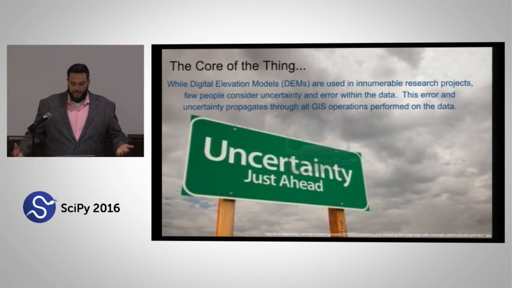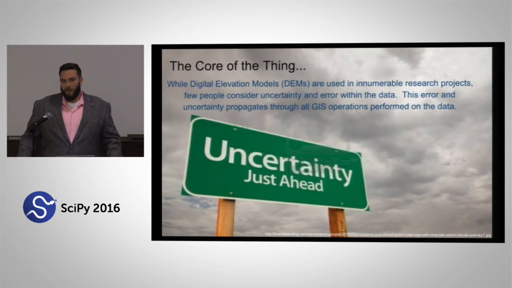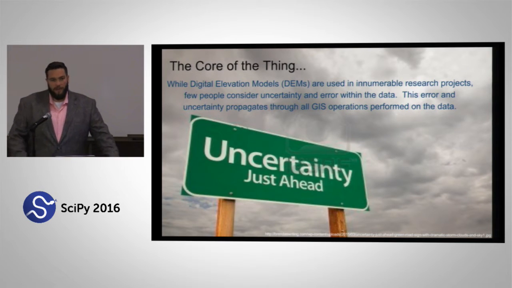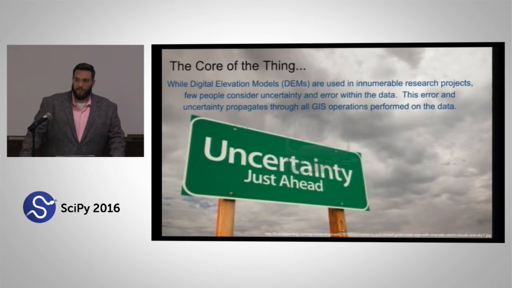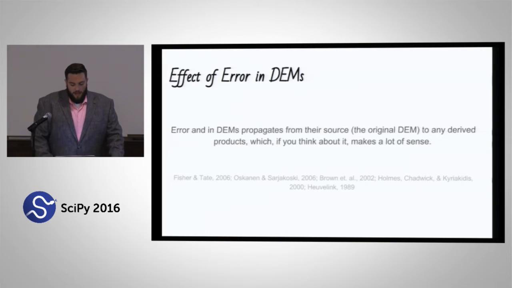So the core of the issue here is that DEMs are used extremely widely, but most people don't consider the uncertainty, and as a result, that uncertainty propagates through all GIS operations that happen after you use your DEM, and so your final results have that uncertainty as well. That's called error propagation.